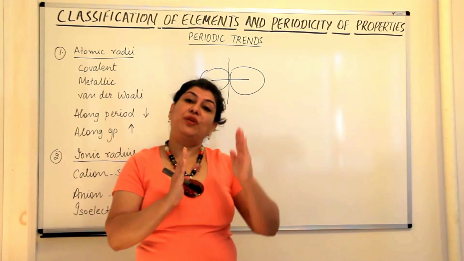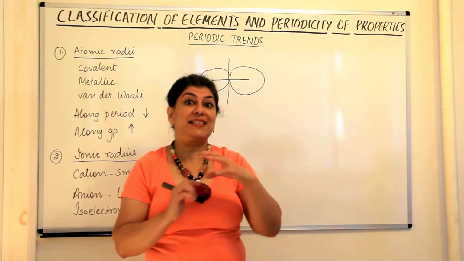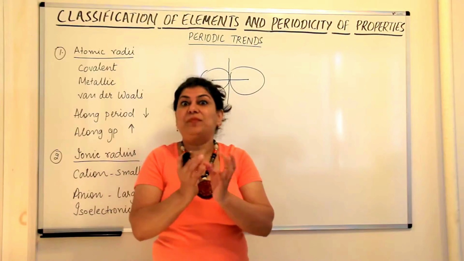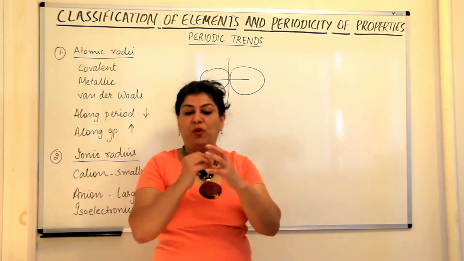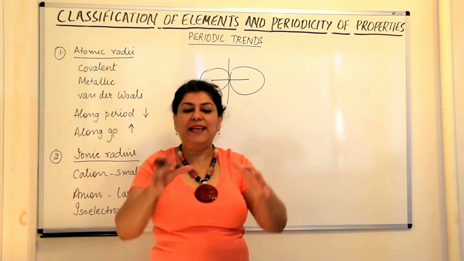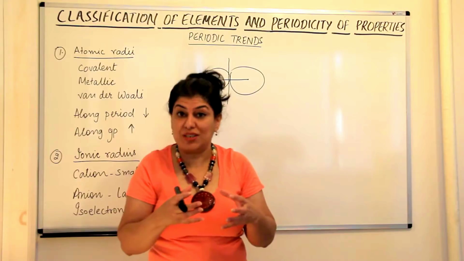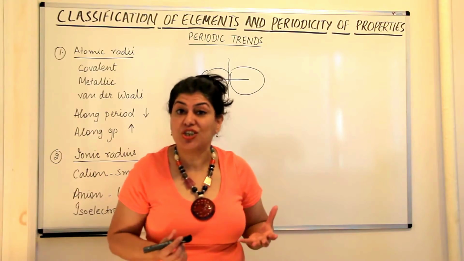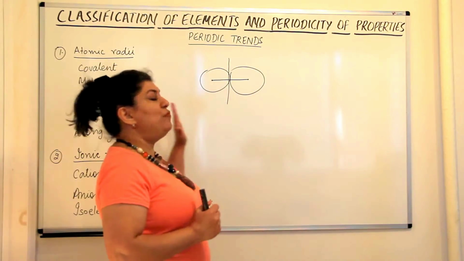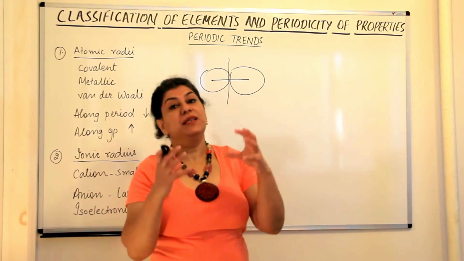So if electrons are increasing in the same shell and the number of protons is increasing, the attraction by the protons, that is the positive charge of the nucleus, is increasing. At the same time, electrons are adding at the same distance. They would be attracted more by the nucleus due to an increased nuclear charge. So we find as we move from left to right in the periodic table, the size of an atom decreases.